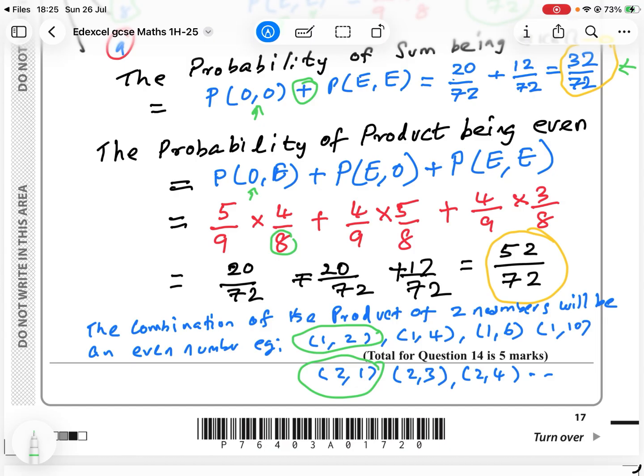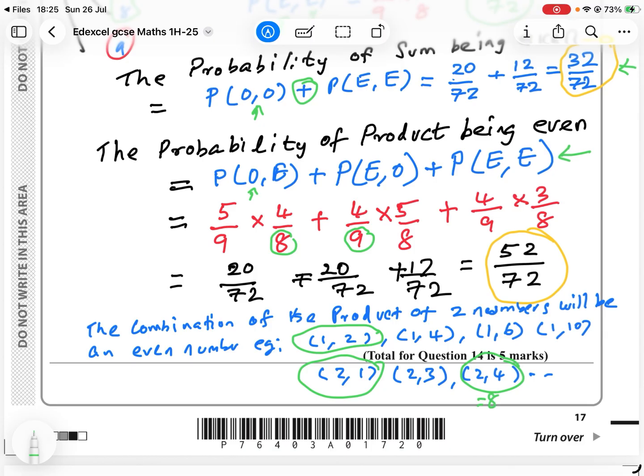So for the even number you have 4 over 9, and for the odd number you have 5 odd numbers, but you already took 1, so the total is 8. So 4 times 5. Then both are even numbers, for example, even number 2, even number 4. When you multiply, 2 times 4 is 8. So the product is an even number.